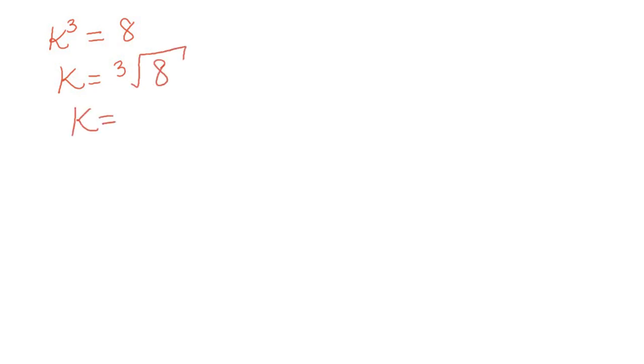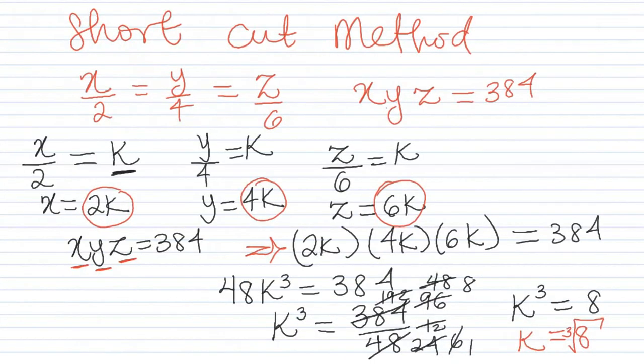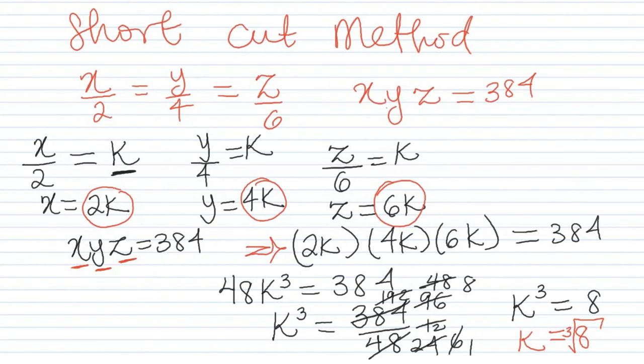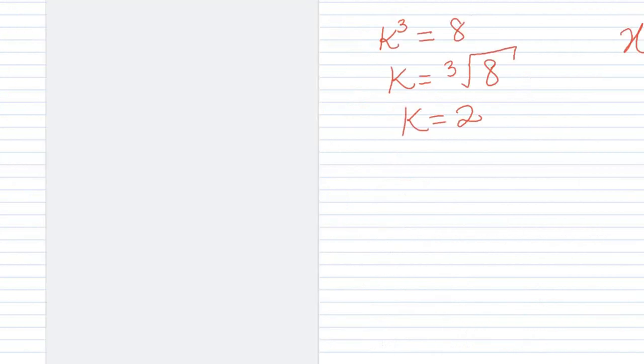Now solving that, k equals 2. Going back to the setup, we can see that x equals 2k, y equals 4k, and z equals 6k.